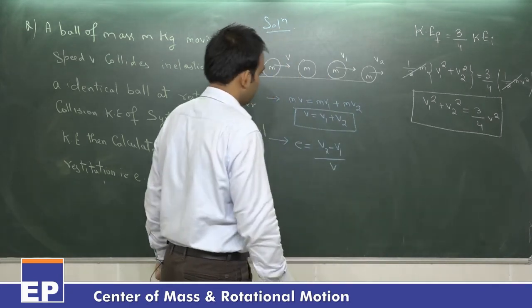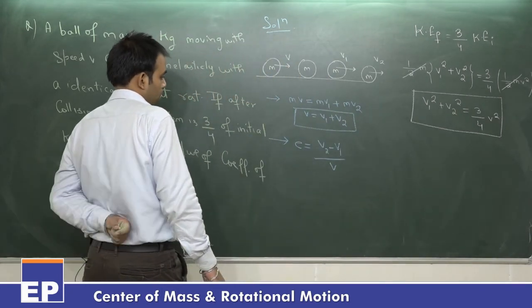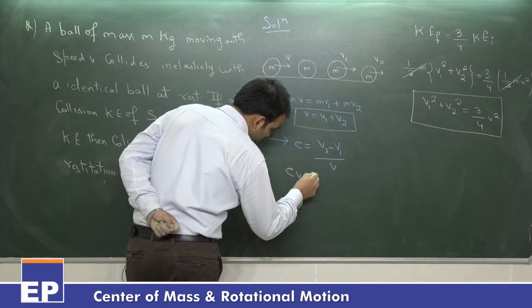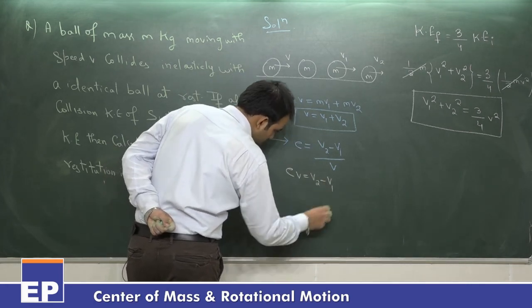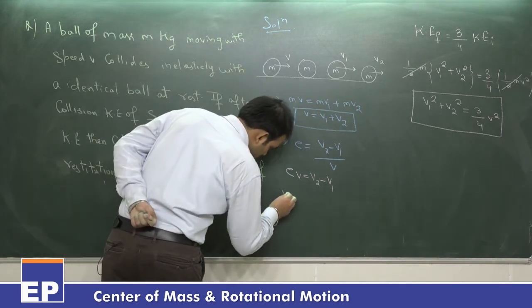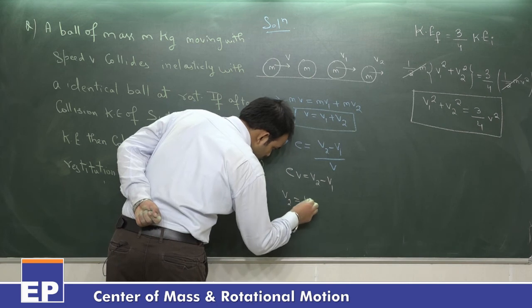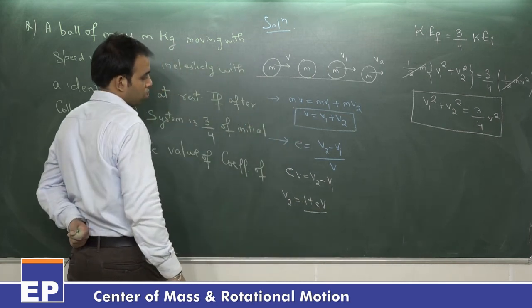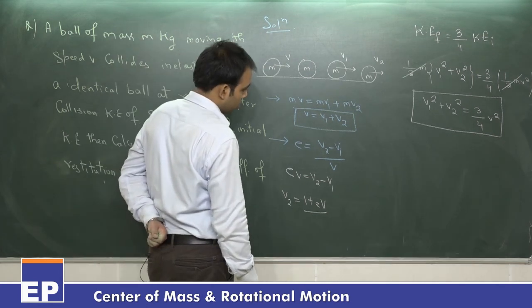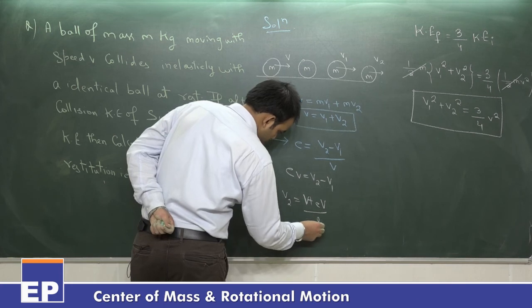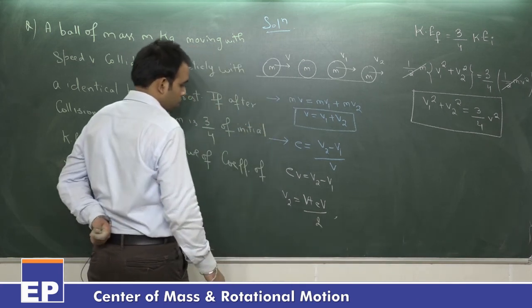Calculate the value of this in the form of E and V. If we solve and add, what is the value of V2? V plus EV by 2.